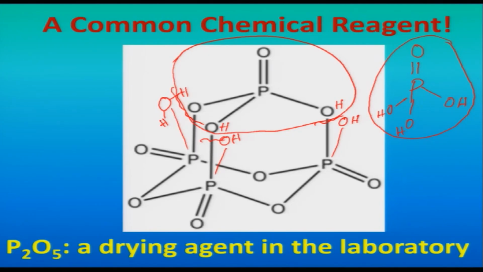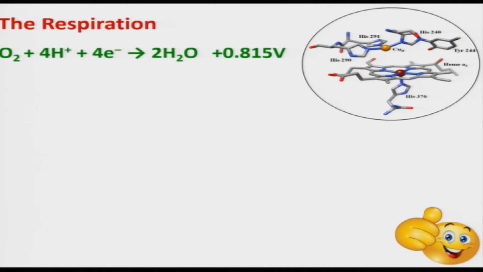Okay. So, coming back to respiration again, as I have just said, aerial oxygen converts to water with the help of 4 protons and 4 electrons, and this reaction actually helps to get a huge amount of energy in respiration, which we utilize for our day to day activity.